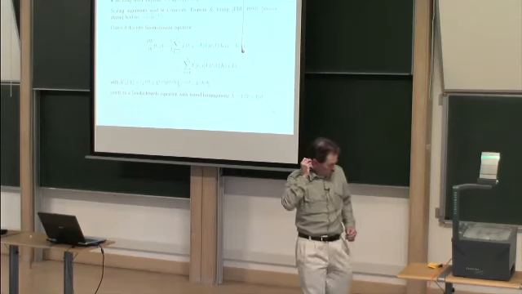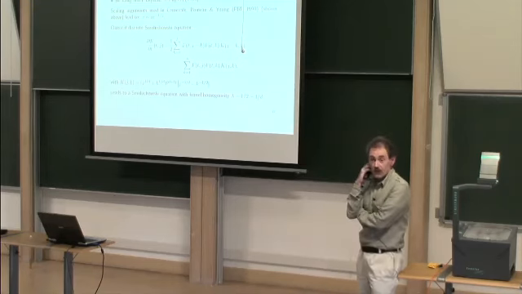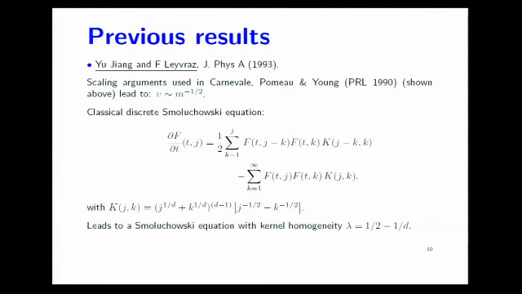Now, what are the previous results that we have found in the literature about the problem? So we haven't found too many. It wasn't very easy, at least for us, to relate them and understand the relations between them. So I tried to present them in a coherent way, but let's try.